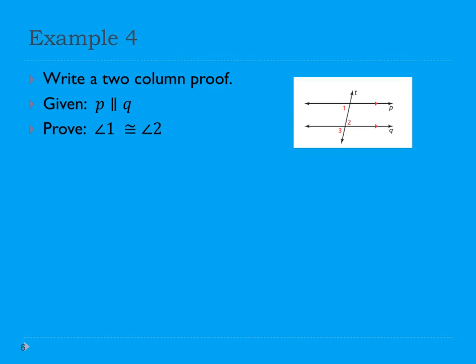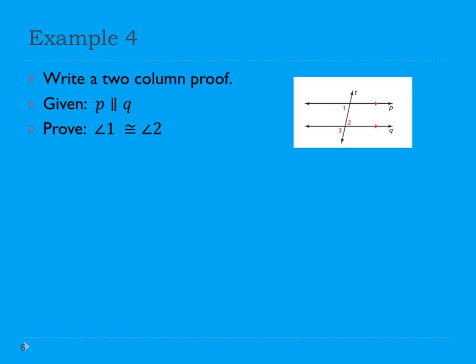Now, this last slide is actually a proof for the alternate interior angles theorem. Technically, if you were given a proof like this on a test, you could do it in 2 steps.